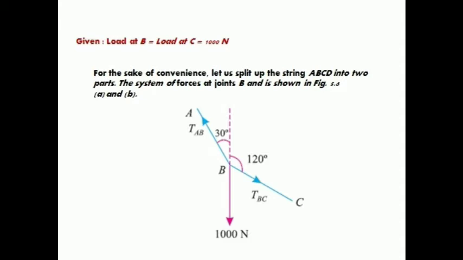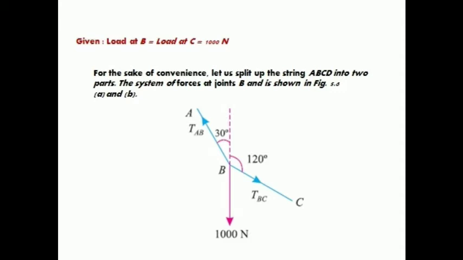What is the angle between the tension AB and the 1000 kilonewton load at point B? And what is the angle between the tension BC and the downward 1000 kilonewton load?